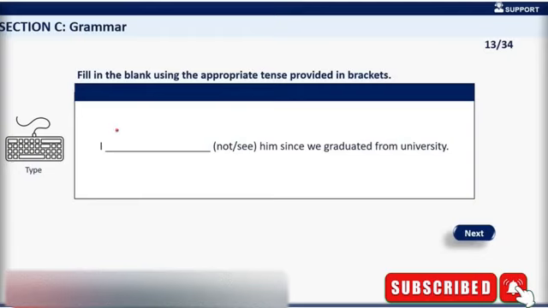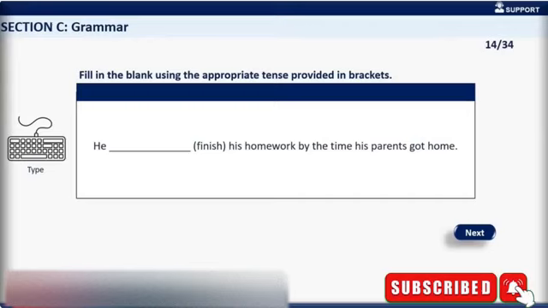The correct answer in this question is going to be, I have not seen him since we graduated from the university. Let's move on to the next question now. He dash his homework by the time his parents got home. The correct answer of this question will be, he had finished his homework by the time his parents got home.